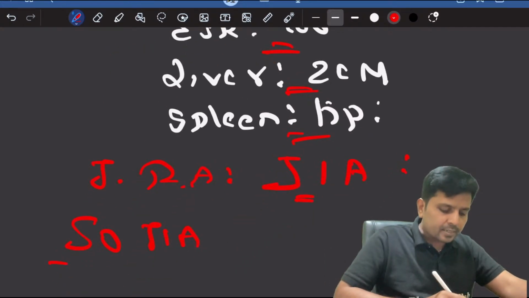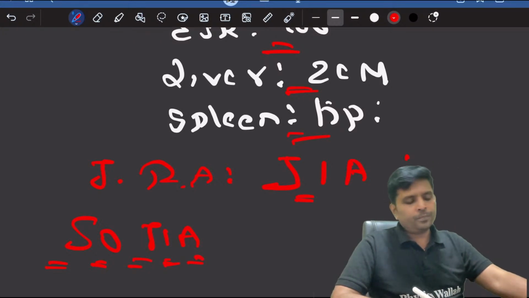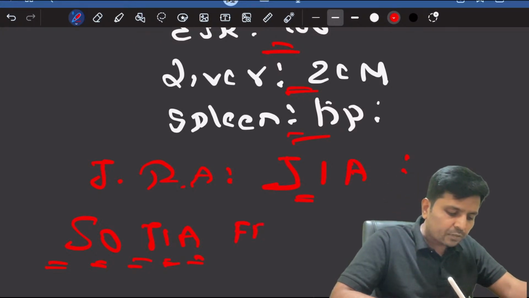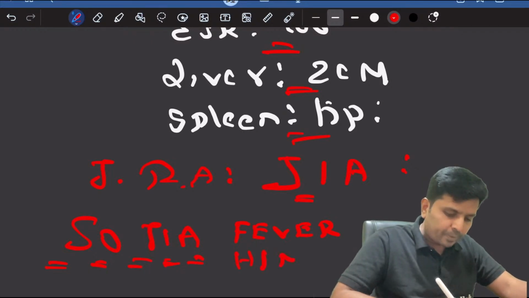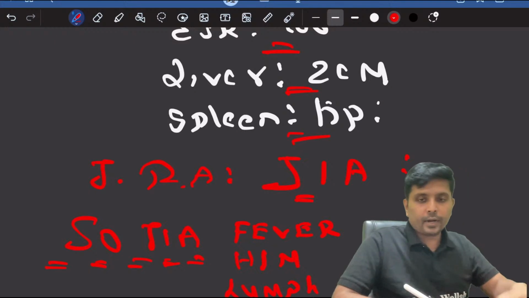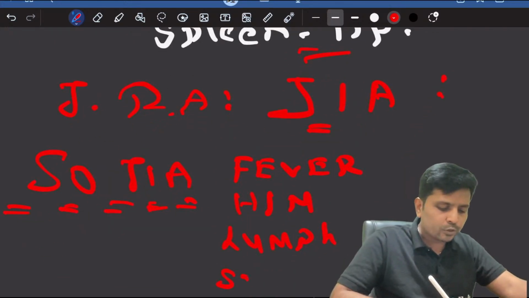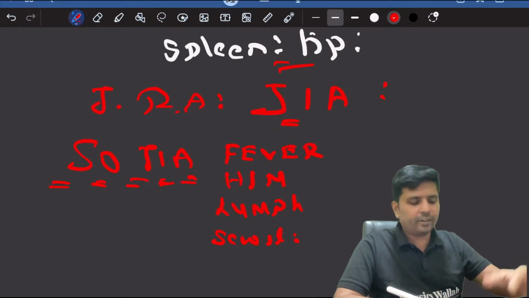SO means systemic onset juvenile idiopathic arthritis, which usually manifests with fever, along with hepatosplenomegaly, along with lymphadenopathy, and you can have serosal effusion. That means a pleural effusion, pericardial effusion, everything.